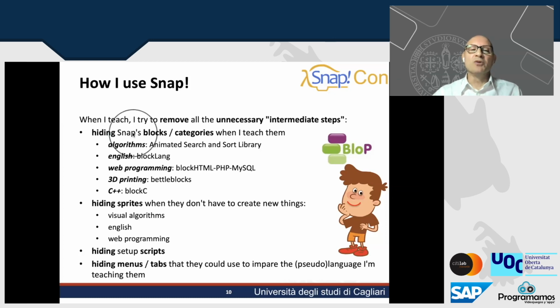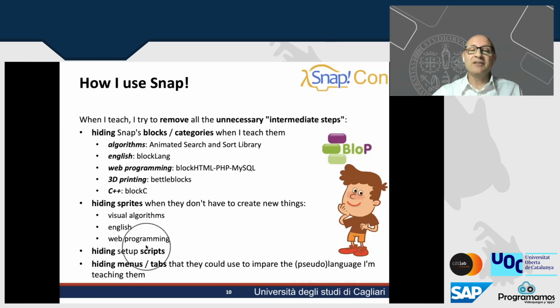I wanted to hide blocks and categories when I teach topics that are not related to Snap blocks. I want to add sprites when there are mechanisms that do not require creating a new object that is a sprite.